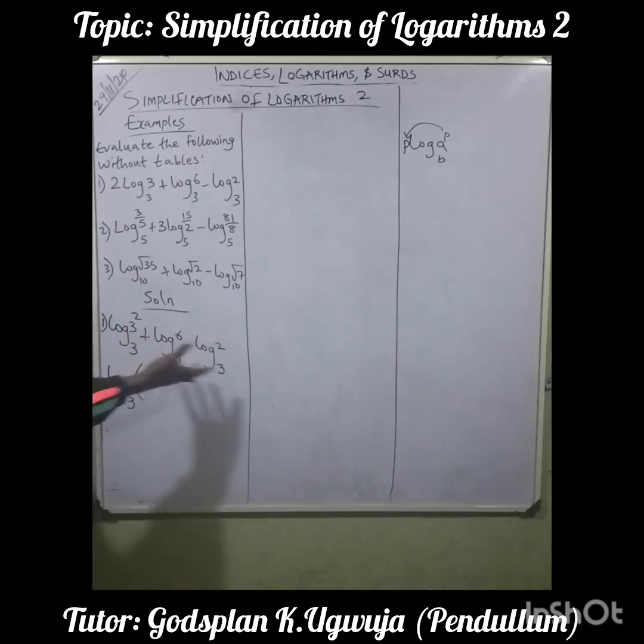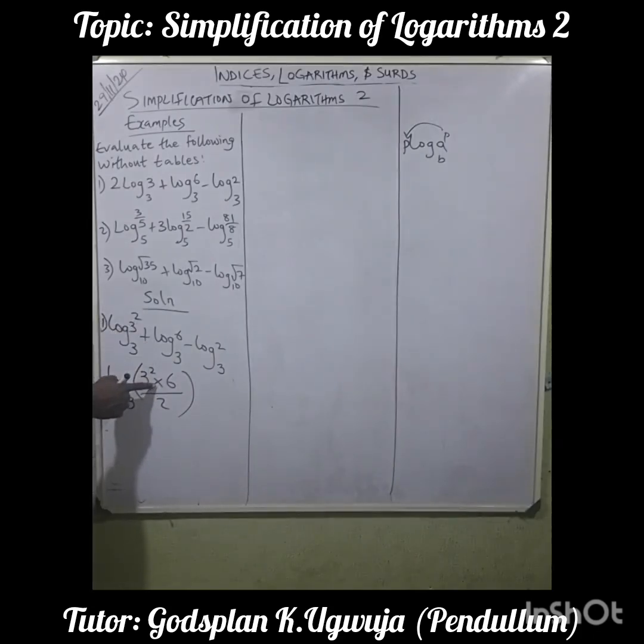When it's addition, you multiply. When it's subtraction, you divide. So I take log base 3, then I open a bracket: 3 squared times 6, and because it is minus, divided by 2.